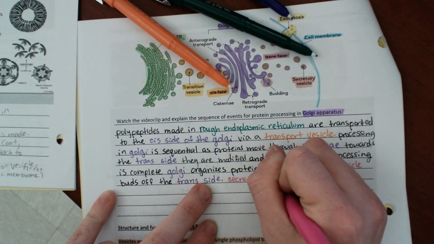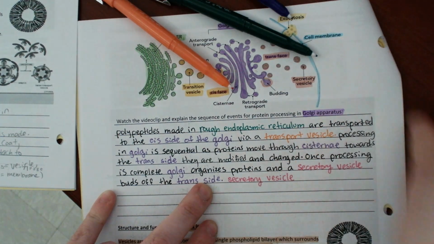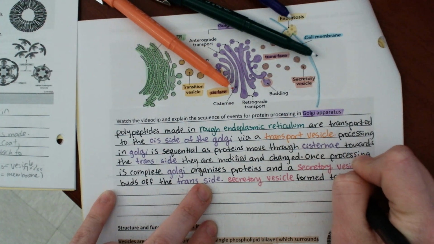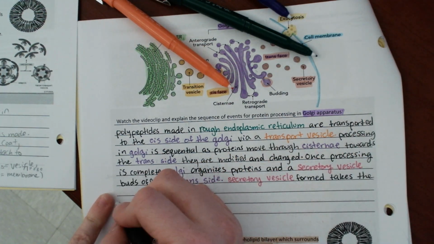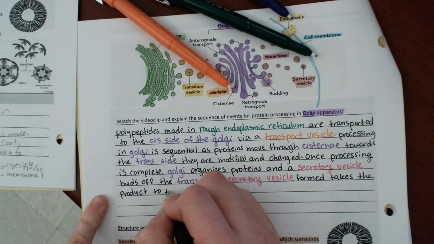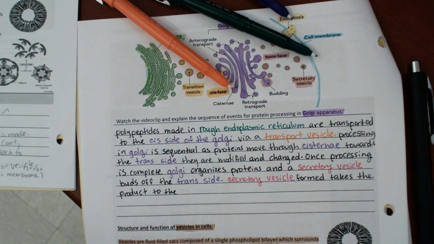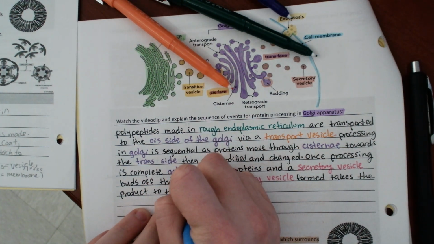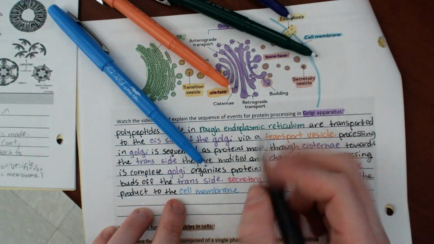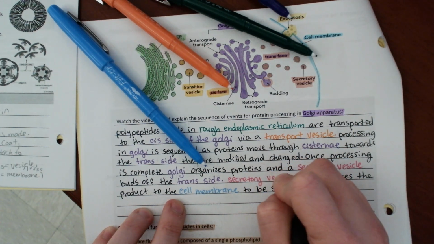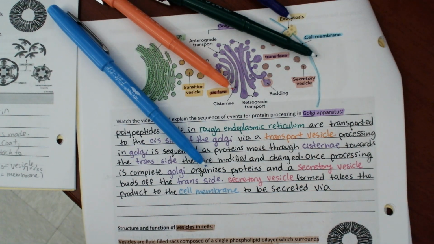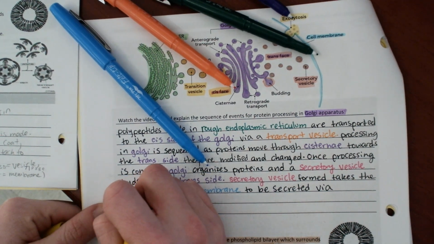Secretory vesicle formed, takes the product to the cell membrane to be secreted via exocytosis.